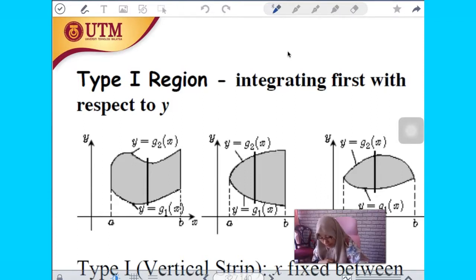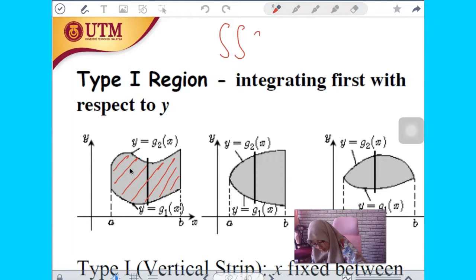So let's say I choose this one. This is your region. Now again, double integral f(x,y). Type 1 means that x is constant. So for a non-rectangular region, the variable whose limits are all constant, you must put as the outside integral.